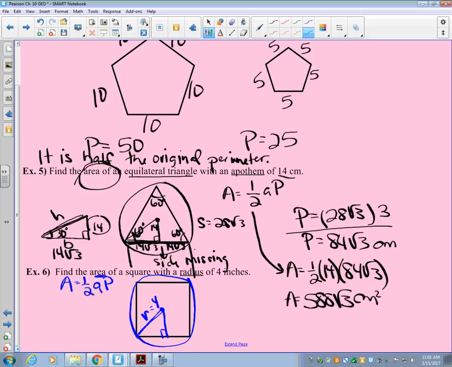So we have a different kind of triangle because what is the corner of one square? 90. What do I get when I cut 90 in half? 45. So this guy is a 45, 45, 90. How are 45 and 90 related? Double. So in this case, it's a √2. But the hypotenuse is equal to the side times √2.